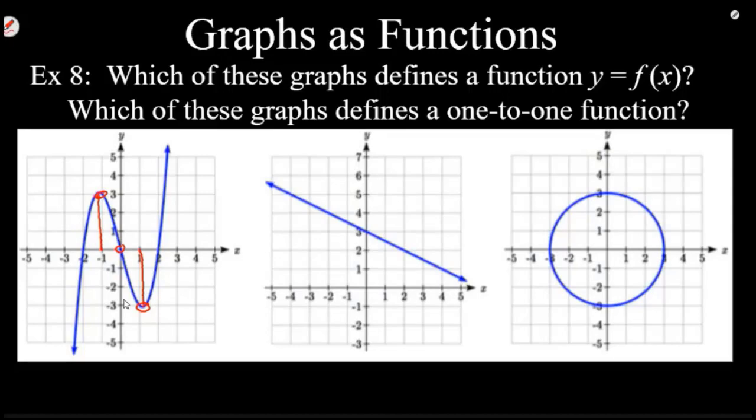If my input value was -3, I'd go down here and it would be something really negative, like -10 maybe. Is there ever a time where I could ask you f of whatever number and you'd get more than one answer from this picture? No, because you go straight up or down to find where the graph goes, so it is a function.